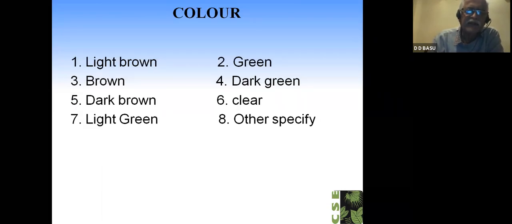color may be of different types. Light brown color, brown color means some kind of contamination is there. Dark brown, light brown. Light green, green. Light green means a very thin amount of phytoplankton or algal things are there. With dark green, eutrophication is taking place. That means a lot of things are there, which is bad.